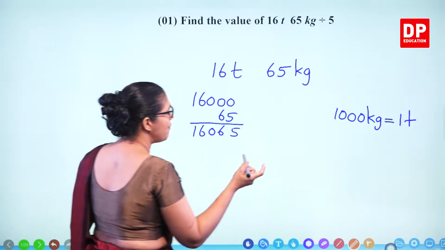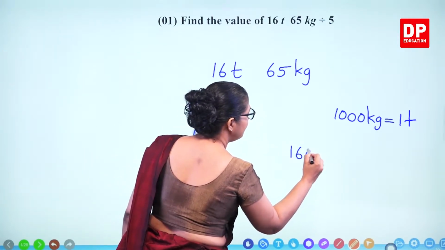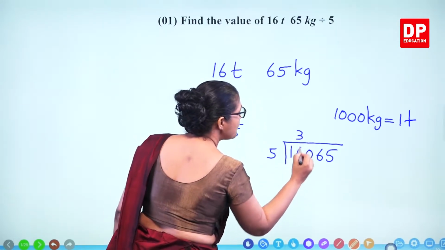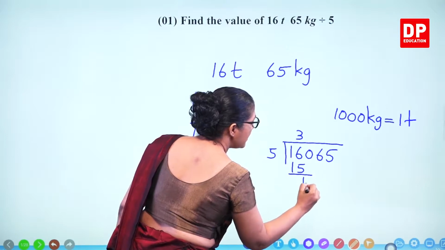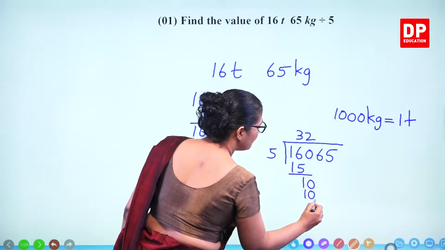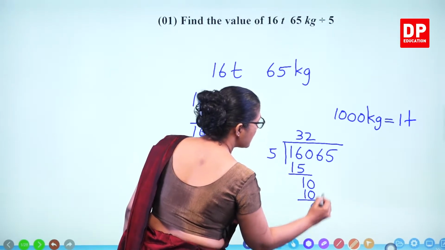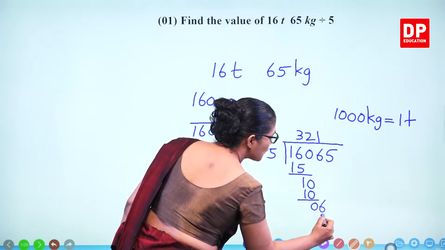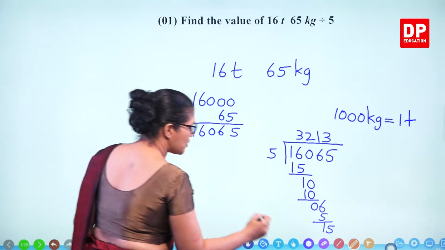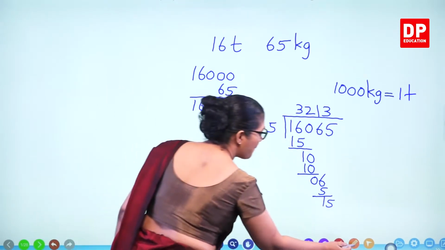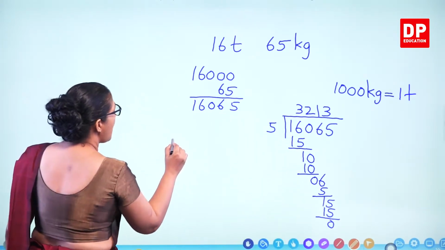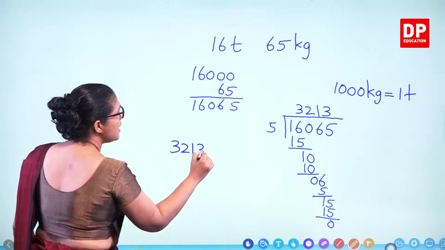Now you can divide by 5. 5 times 3 is 15, and for 10, that's 2. 6, 1. That's 5 and 1 remaining for 15. That's 3. 5 times 3, 15. So you get 3,213 kilograms.